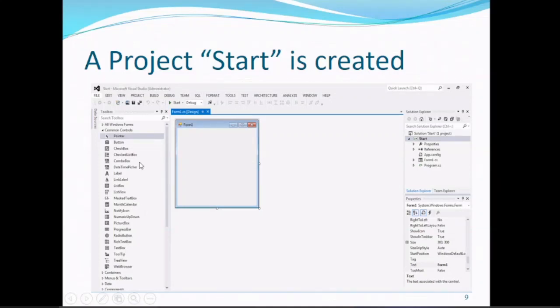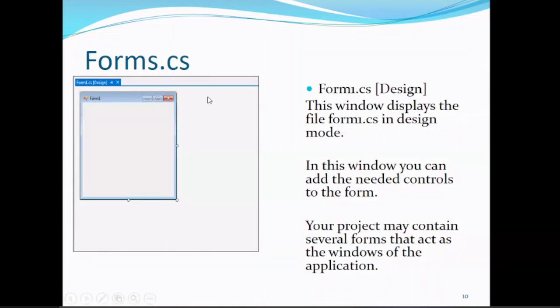This toolbox has so many common controls like pointer, button, checkbox, radio button, combo box, label. These controls we will see one by one, how these controls work in the Visual Studio platform. Okay. So this will be saved as Form1.cs.